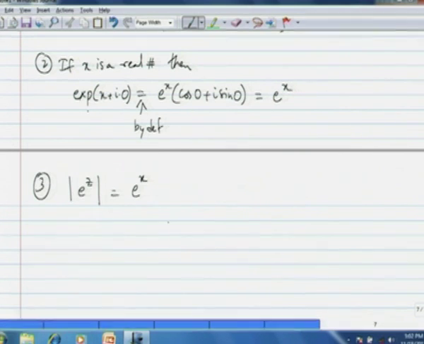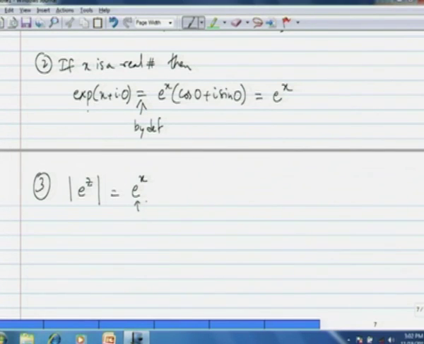Now, I need not distinguish between the real exponential function here, because whenever we have a real number, it tallies with the real exponential function. So, the modulus of e power z is e power x, because the modulus of the complex number cos y plus i sin y is 1.